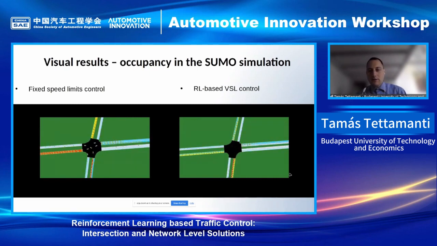And on the right side, you can see the reinforcement learning based speed limit control. And what is important here to see, this is like a heat map. So the occupancy level is shown by colors, and the colder are the legs, the smoother is the occupancy. So probably you can observe that the right side is more cold in terms of heat map.